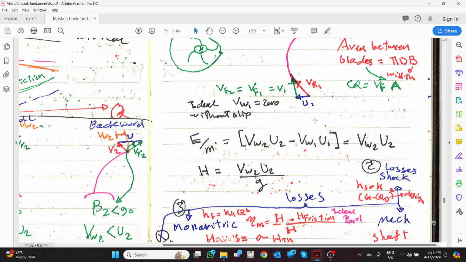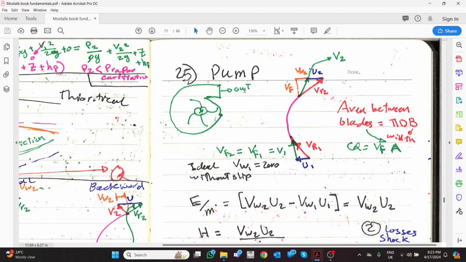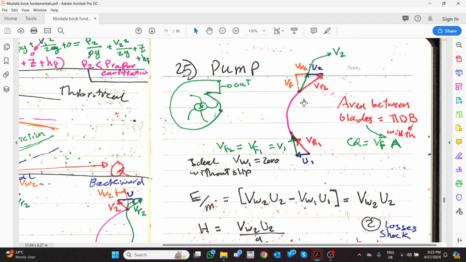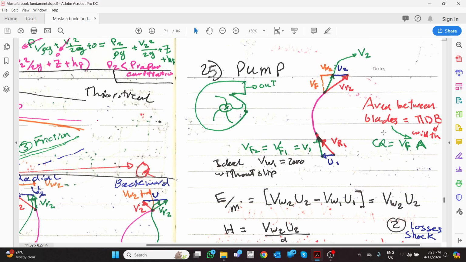Theoretically, when you do the triangle calculation to get the flow velocity Vf, you want to change from the whirling velocity to Vf, because here Vf is the vertical component of V2, and V2 equals this one minus this.